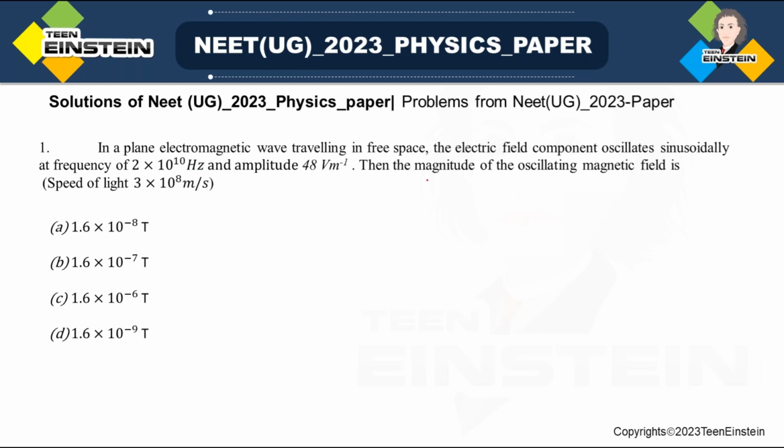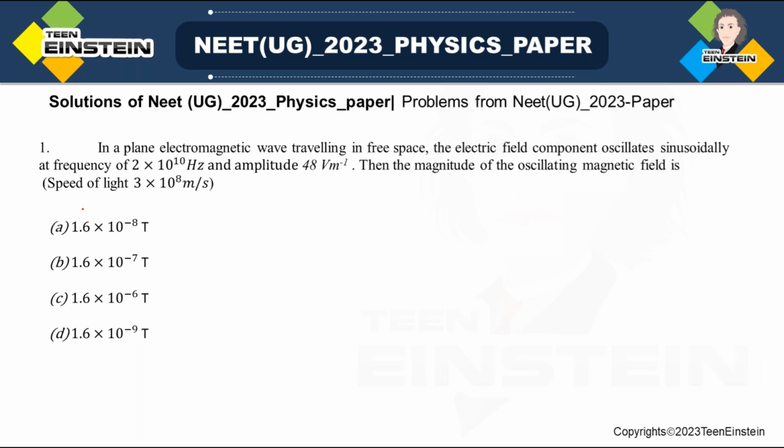Then the magnitude of the oscillating magnetic field is 1.6 into 10 to the power minus 8 Tesla, or 1.6 into 10 to the power minus 7 Tesla, or 10 to the power minus 6 Tesla, or 10 to the power minus 9 Tesla.